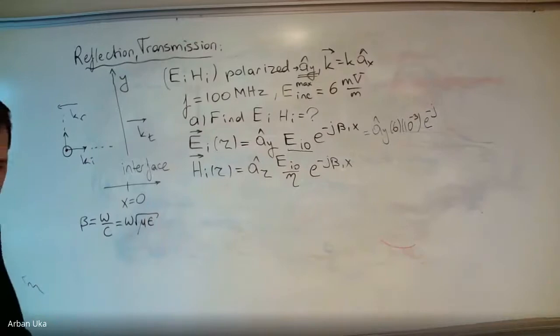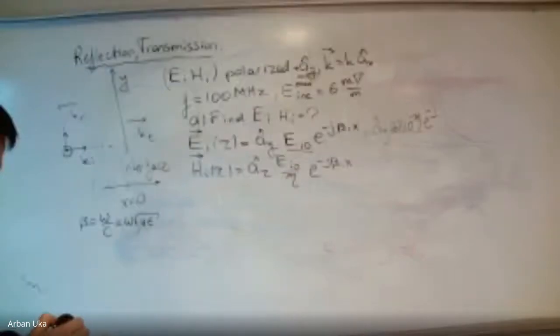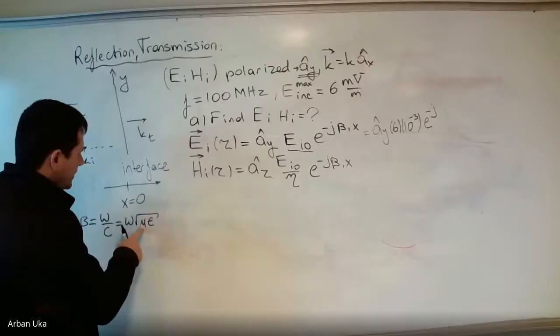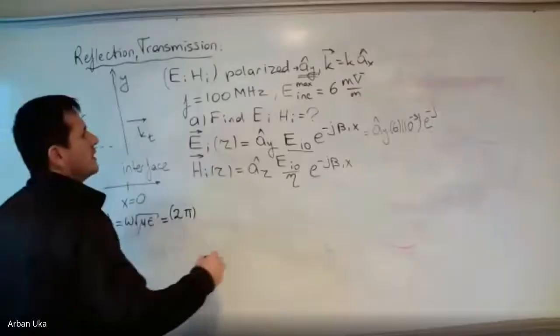Okay. So since we are given no specific parameters, we consider the vacuum values. Here we have what is omega, the frequency. Omega is going to be 2 pi f. Okay, the frequency is this one.